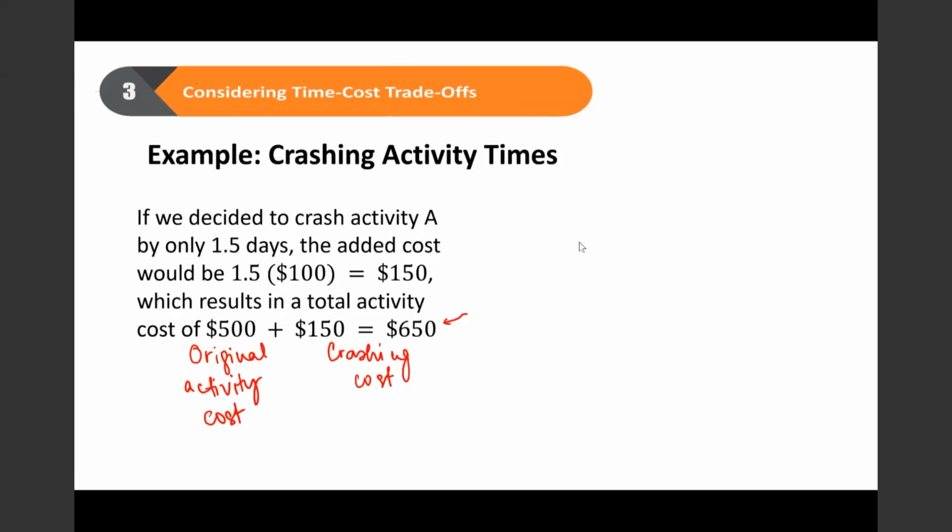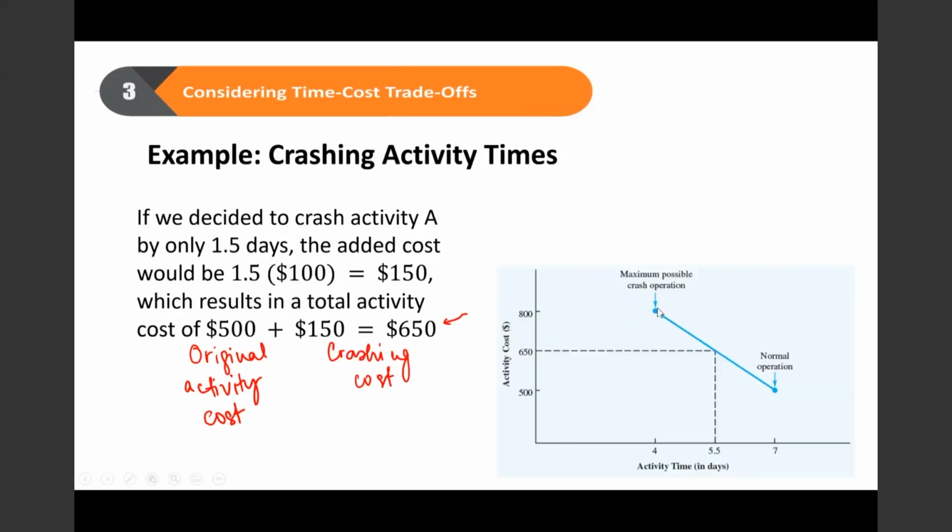We can also use a graph. If you want to see a graph, the normal operation time is 7 days. The maximum possible crash is 3 days, so the maximum is 4. Then this is the cost in between.